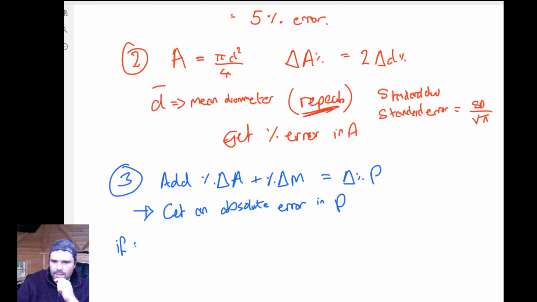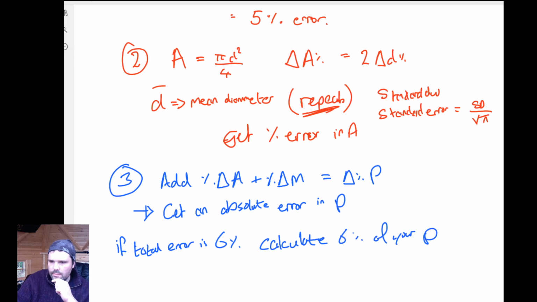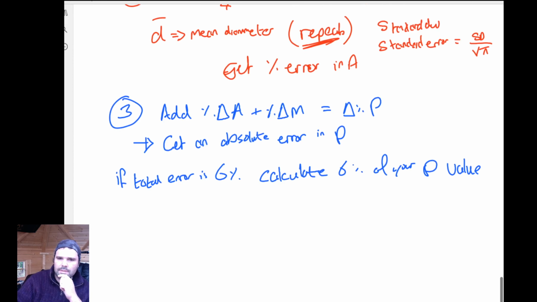If total error is 6%, calculate 6% of your resistivity value. And this is the big thing. This is what lots of people don't do.